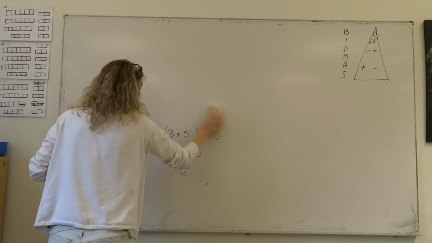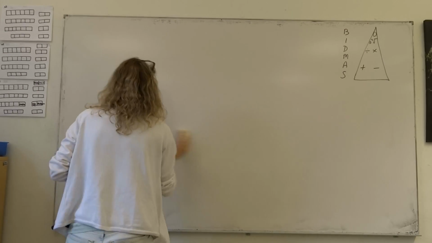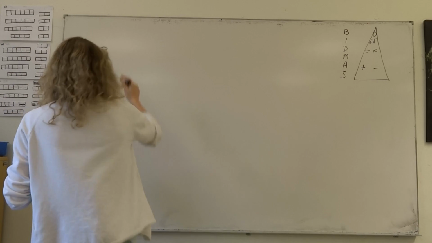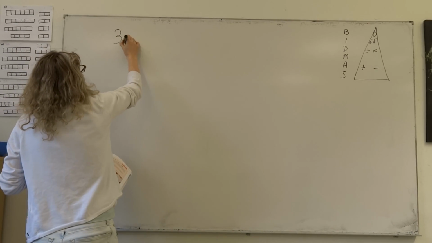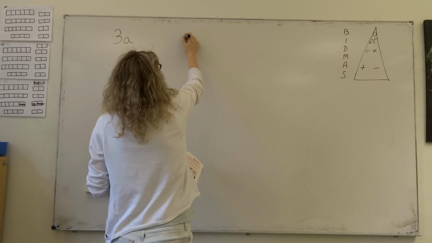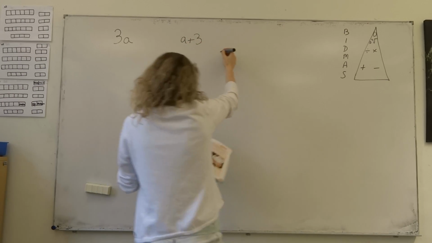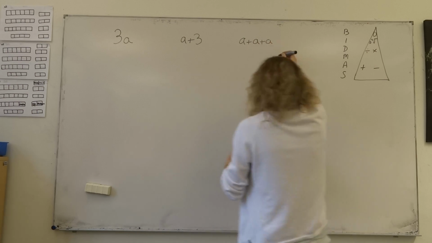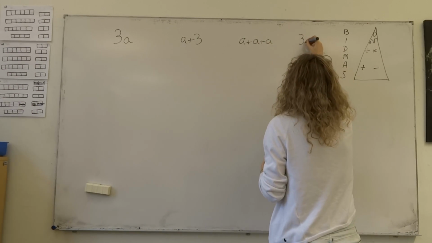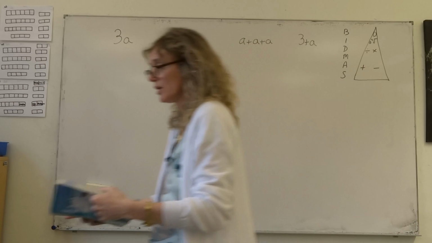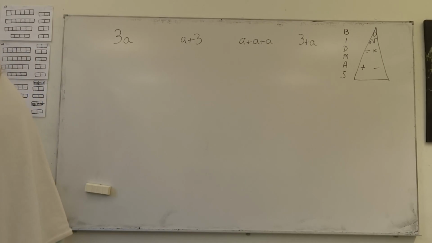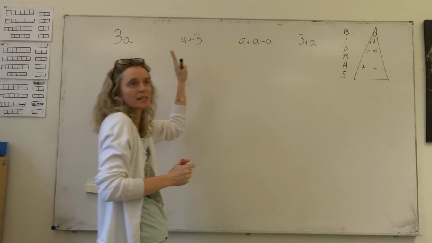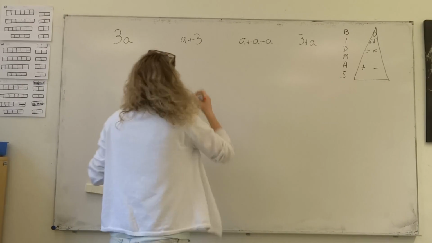Question 2, they've given you 4 different expressions and they want you to pair up the ones that mean the same. We have 3a and we have a plus 3. And we have a plus a plus a. And we have 3 plus a. Well, the easiest one to work out is that a plus 3 is the same as 3 plus a, because it doesn't matter what order we add them in.